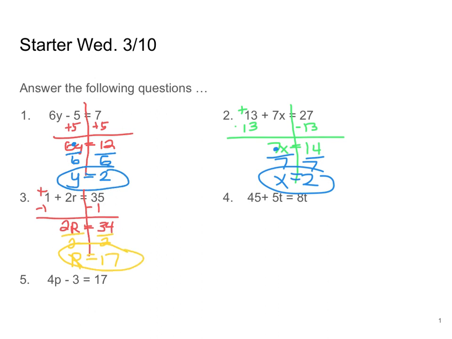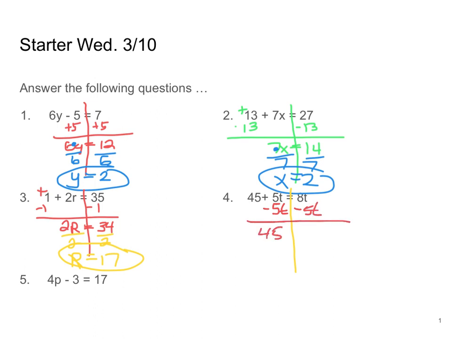Number 4, again, we want to get variables on one side, numbers on the other. Notice how there's a variable here and a variable here. We actually want to take these variables and put them over here. So I see add 5t to both sides, so I'm going to subtract off 5t.